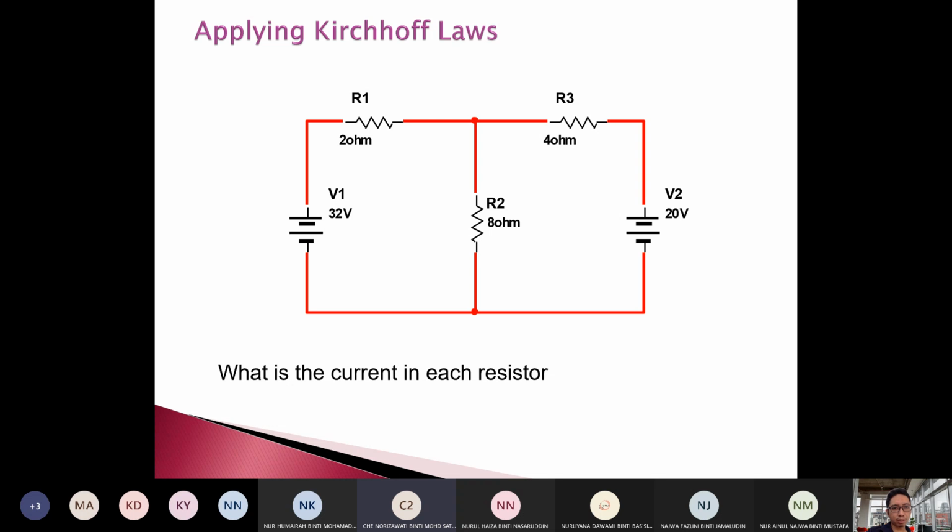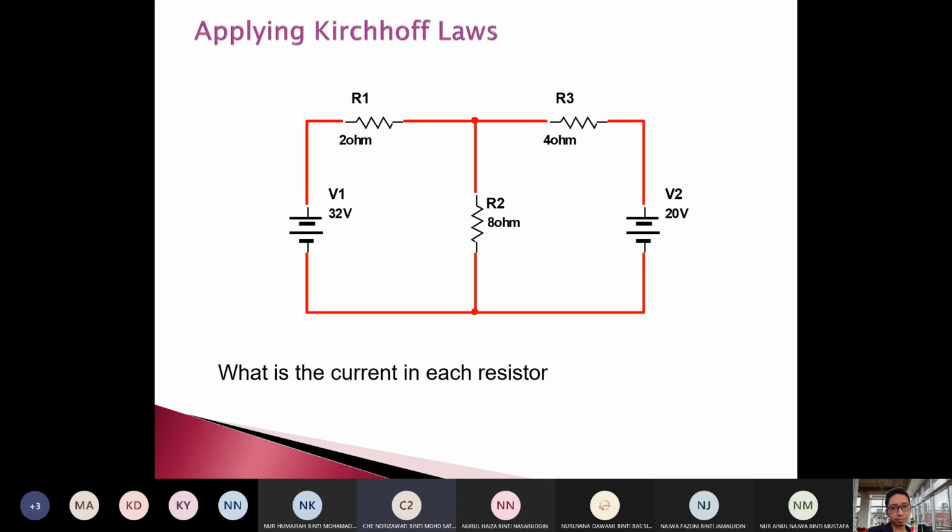There's a little bit of a mistake over here. This should be I1 R1 plus I3 plus I2 R2.